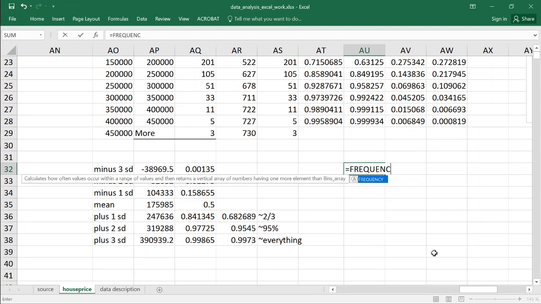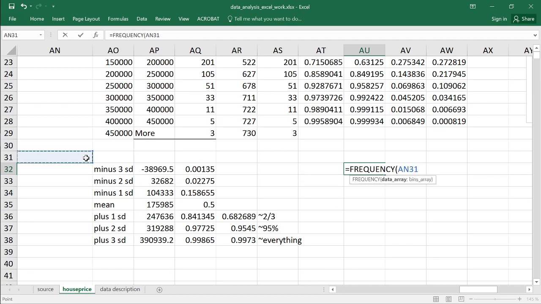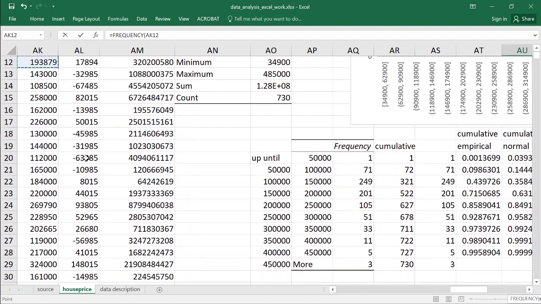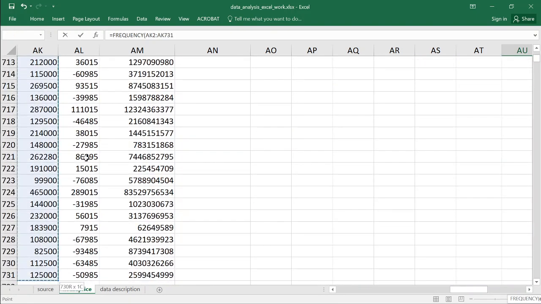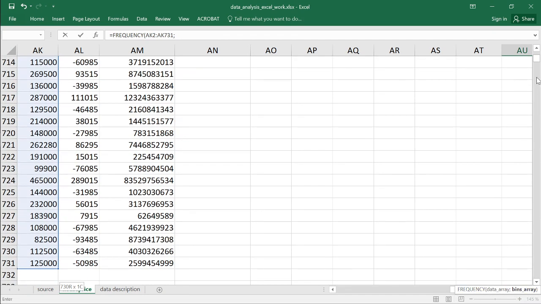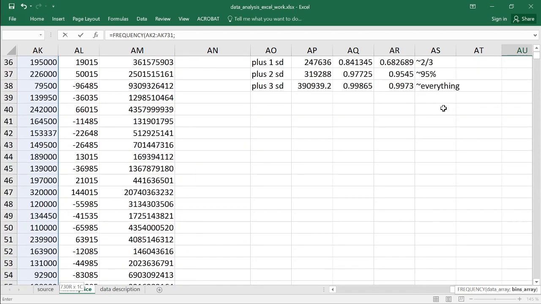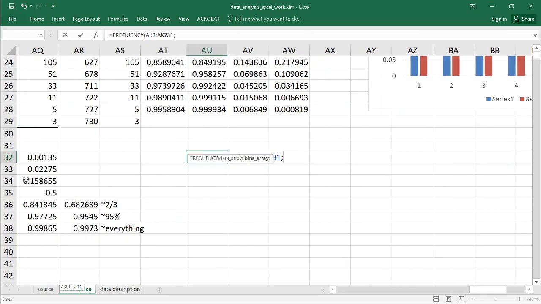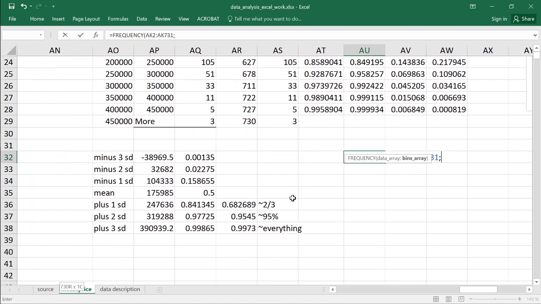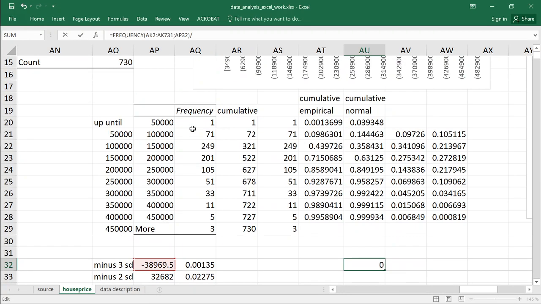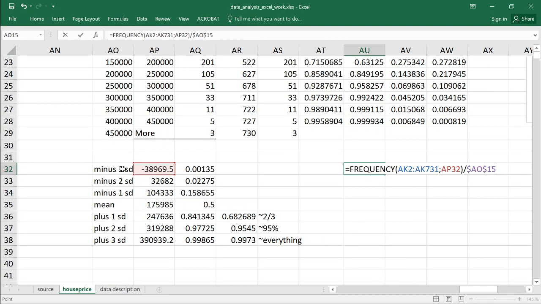And for that purpose, I use the frequency function again, refer to the data of the prices, and to the boundaries that we've computed before, so it would be minus 3 standard deviations from the mean. And for completeness, I divide that immediately by the total number of cases to get a percentage.